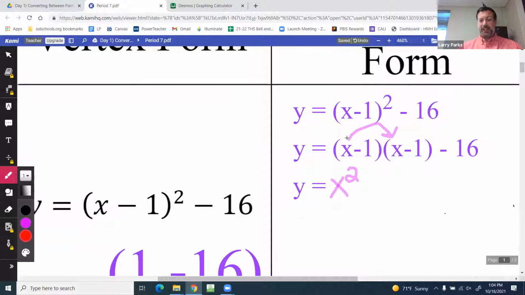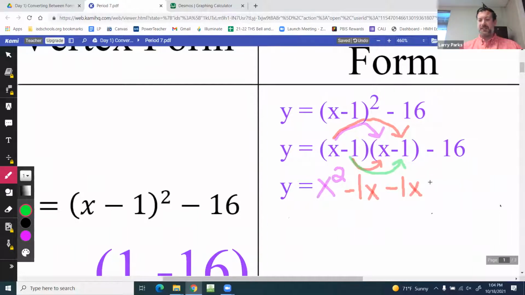You then take x times -1, and that is -1x. You then go to the -1 and distribute that, and that'd be -1x again. And then -1 times -1, that's +1. And then don't forget your minus 16.